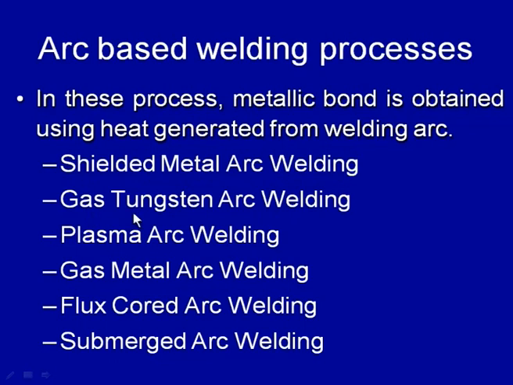While in case of the gas tungsten arc welding, arc is established between the tungsten electrode and the base material, and the heat available from the arc is used for melting the faying surfaces of the base material, and if thicker plates are being joined, then filler material can be applied from the outside.